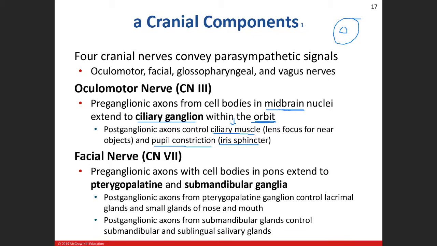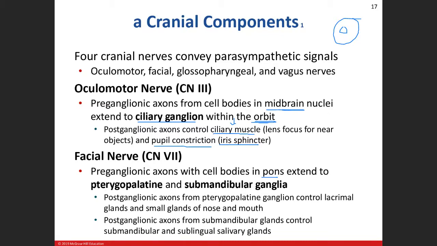All right, the second cranial nerve is cranial nerve number 7, the facial nerve. Same thing. Preganglionic neurons have their cell bodies originate in the brainstem, specifically in the pons. And it's going to go out to 2 different ganglia, right? Pterygopalatine and the submandibular.